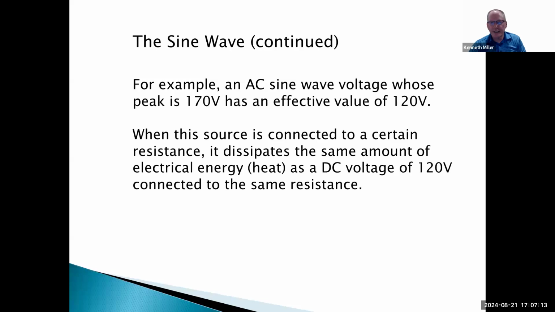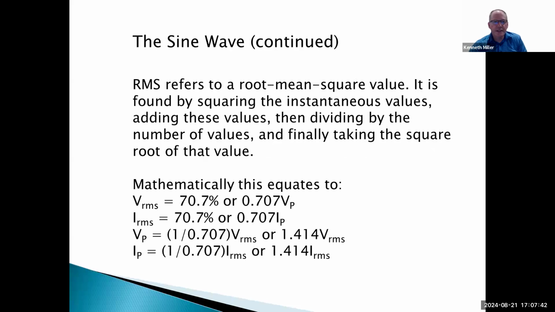When this source is connected to a certain resistance, it dissipates the same amount of electrical energy as heat as a DC voltage of 120 volts. So if we put a DC battery on that same resistance at 120 volts, it would generate the same amount of heat as an AC sine wave at 170 volts. I know that I say this a lot, but keep that in mind as we go forward.